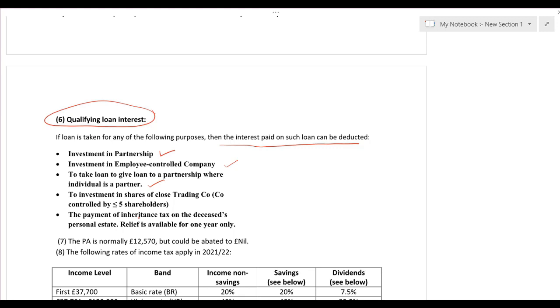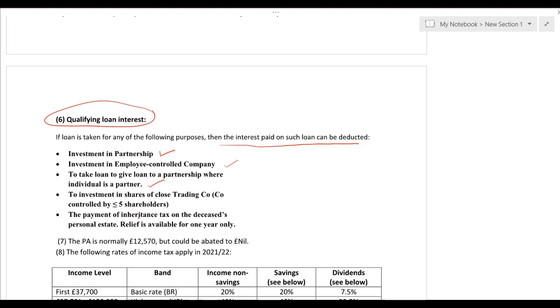So we will say he has taken the loan for a qualifying purpose, and interest paid will be deducted from his total income. One more which is missing over here, you should write it. That is, if an employee takes a loan to buy an asset and uses that asset in employment, it is also a qualifying purpose. Now, let me repeat.